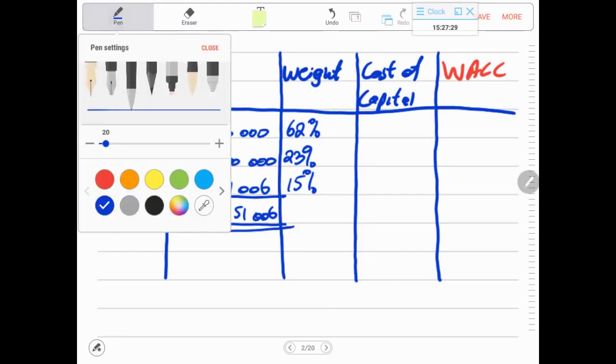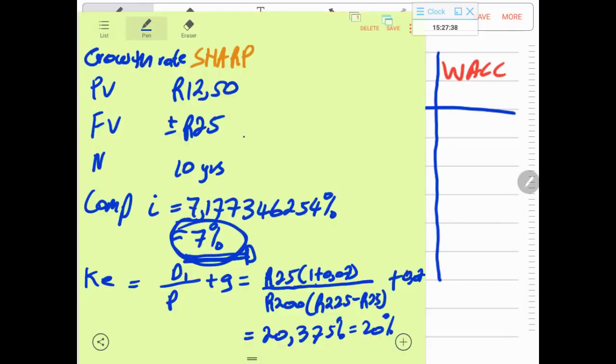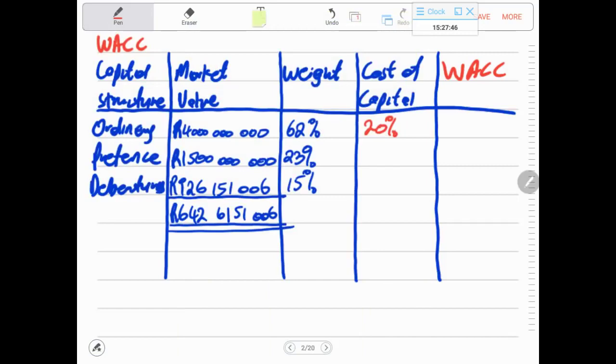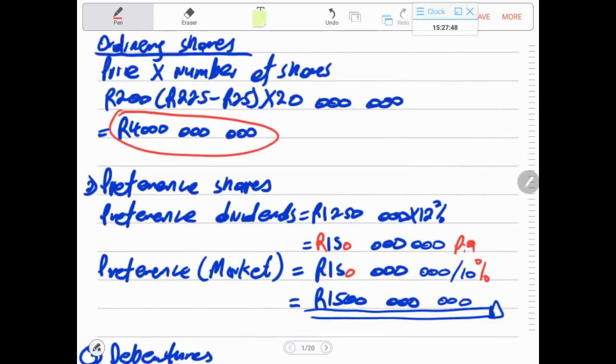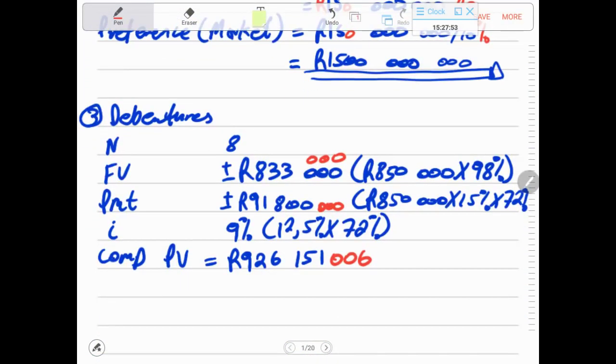The cost of capital, we know that the cost of capital for our ordinary is 20%. We have calculated that the cost of equity, or cost of capital, was 20% for ordinary. Then we have to look for the cost of capital according to the market for other sources of financial instrument.